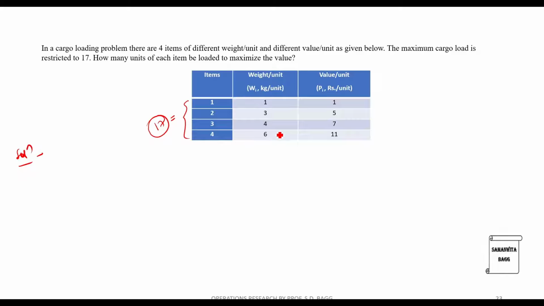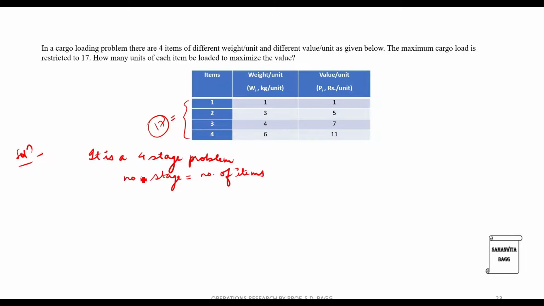First of all, you need to understand that in dynamic programming, the problems are solved in stages. So we have to solve in 4 stages over here because there are 4 items given. So I'll write down, it is a 4-stage problem, and the stage will depend on the number of items.